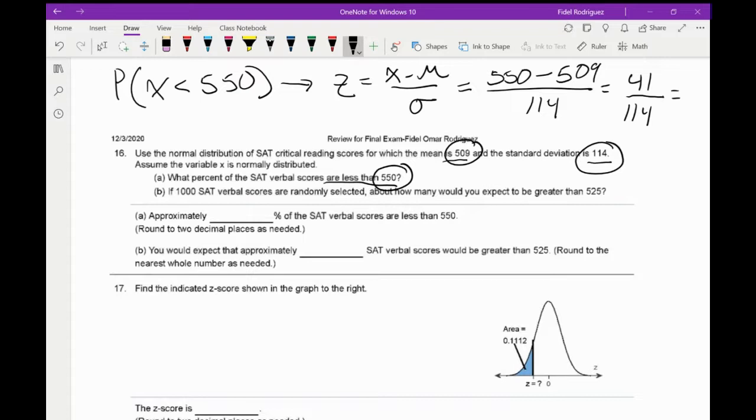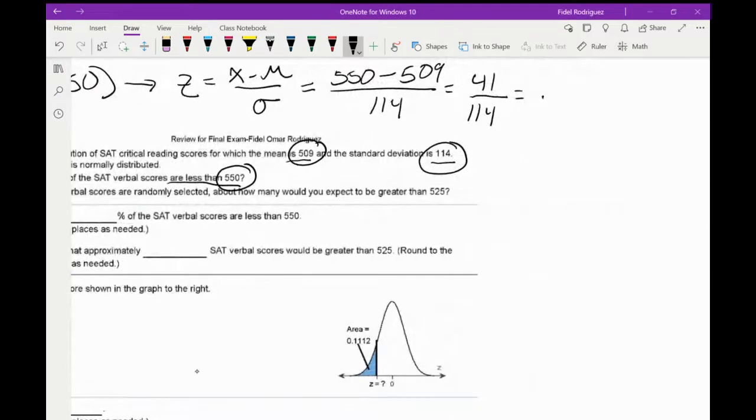I'm just going to divide that out, 41 divided by 114. I'm going to round this to 2 decimal places. On my calculator, I came up with 0.3596, so to 2 decimal places I would write 0.36.